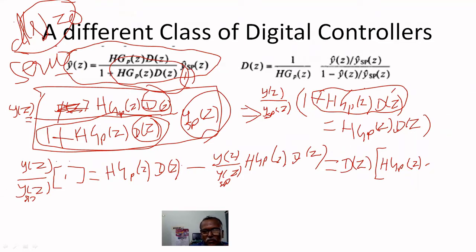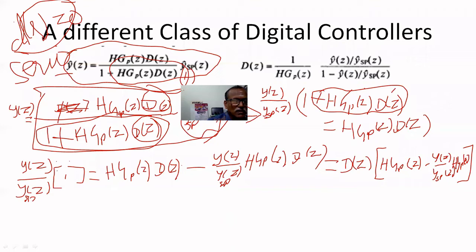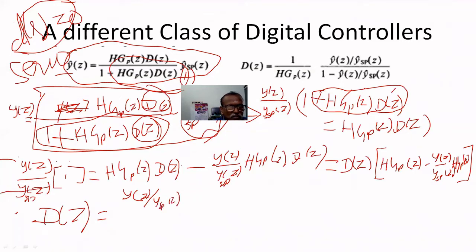Y(z) upon Y set point of z times HGP(z). That you are getting. Therefore, D(z) equals, from this we can write, you bring what is on the left hand side, Y(z) by Y set point of z, in the numerator, divided by whatever you are having here.